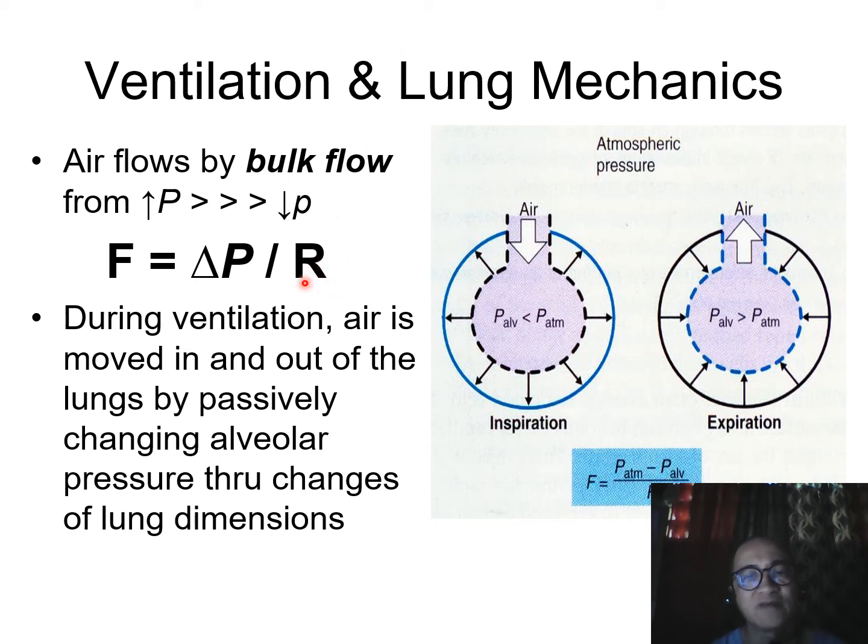When the diameter of the passageway is reduced, it increases resistance. When the diameter of the passageway is increased, it decreases resistance. Now the relationship between difference of pressure and resistance is that when there is greater difference of pressure than there is resistance, flow is increased. Whereas when there is lesser pressure difference than there is resistance, flow is hindered.